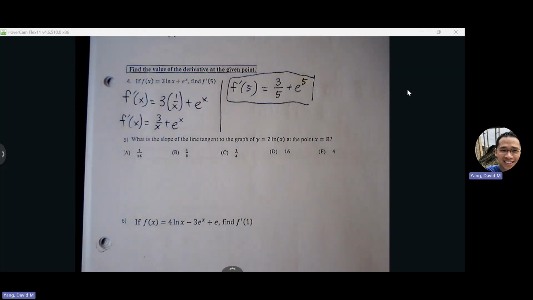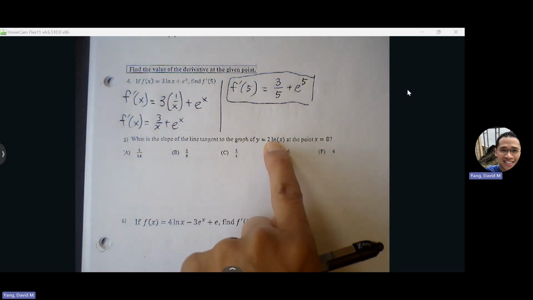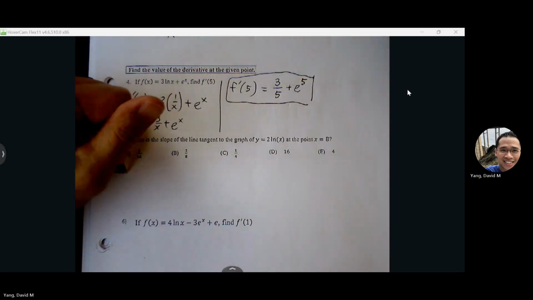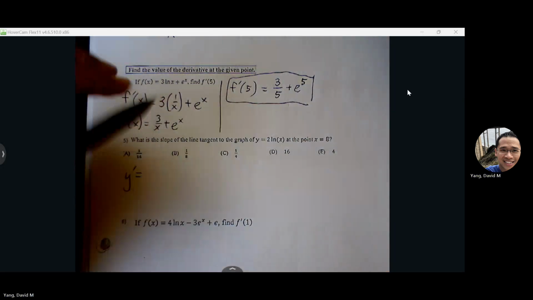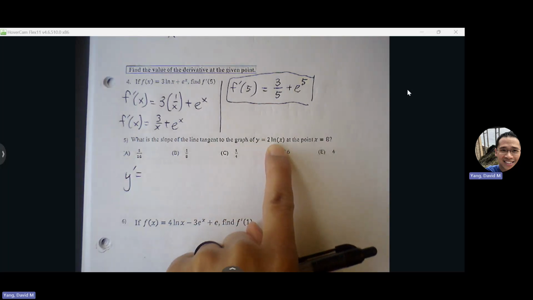All right, number 5, what is the slope of the line tangent to the graph of y equals 2 natural log of x at the point 8? So I'm going to find the derivative first, then I'll plug 8 in to get the slope. So y becomes y prime to build the derivative. 2 natural log of x, we should be able to jump directly into our derivative rule.